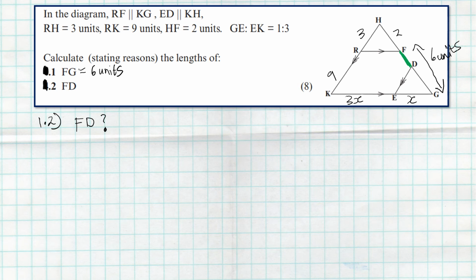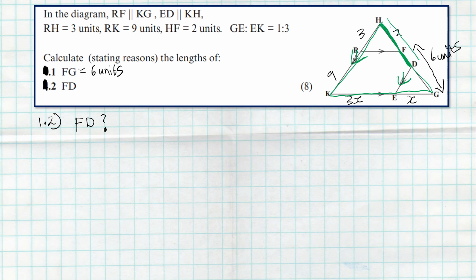It just forms part of it, but does not complete it, right? So if we extend to HD, you can see there's a line drawn parallel, and we can use proportionality with HD like that.